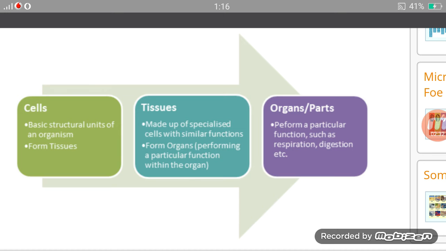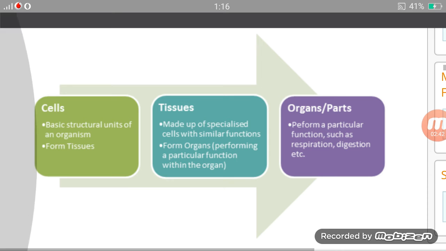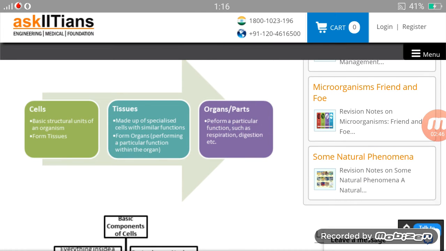In the organ: performs a particular function such as respiration, digestion, etc. So how is the body formed? Firstly, a basic unit of life is there, which is the cell. Then cells get together to form tissues. Then tissues get together to form organs, organs get together to form the organ system, and the organ system forms the body.